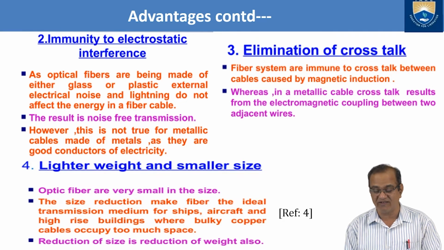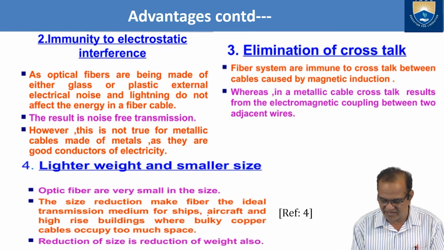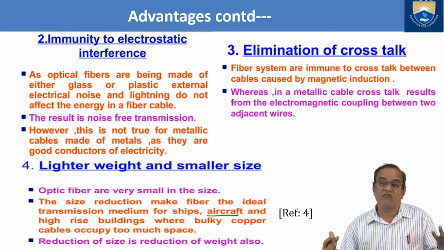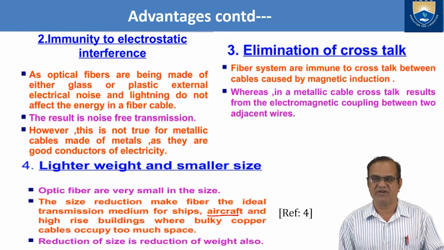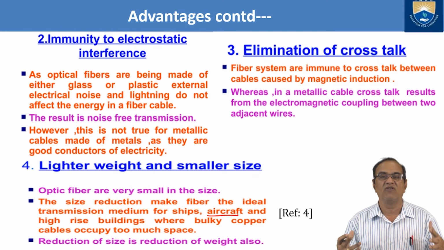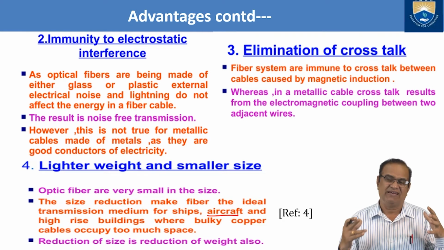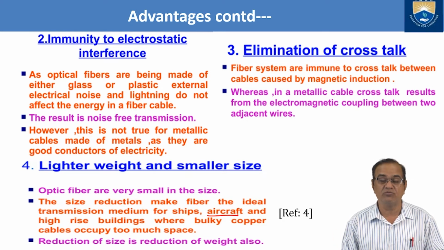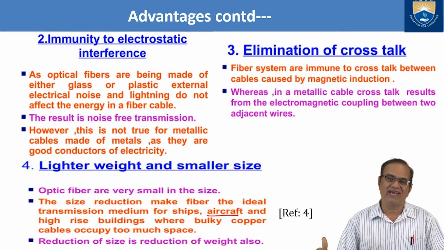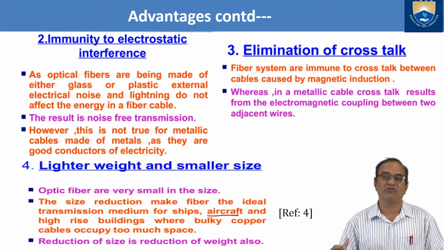Especially for aircraft, because I am very much concerned about aircraft. This is very useful in aircraft, because weight is a very important parameter. The more we can reduce the weight, the more the efficiency, the performance and the stability of the aircraft will be improved. Also, the thrust produced by the engine can be reduced if the weight of the aircraft is reduced. That is why in aircraft we are very much concerned about weight reduction.